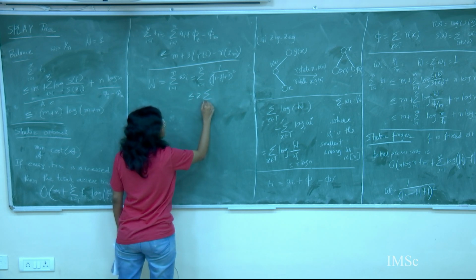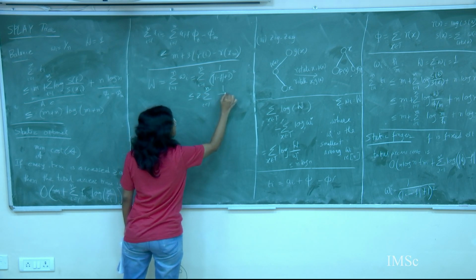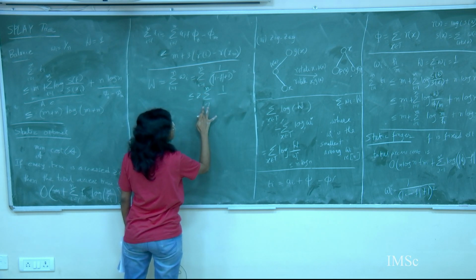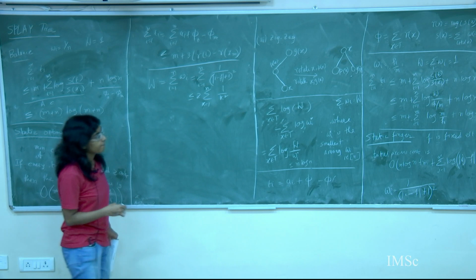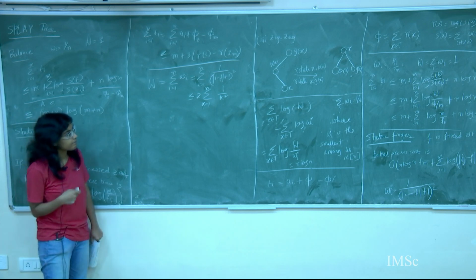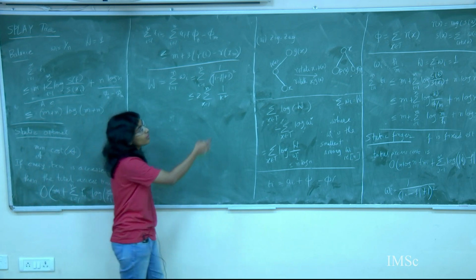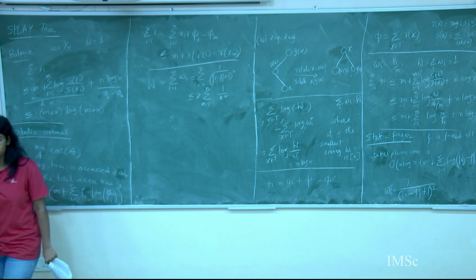Can I write it like this? The plus 1 is because f minus f would be 0, that's why I am taking that plus 1 in the weight.